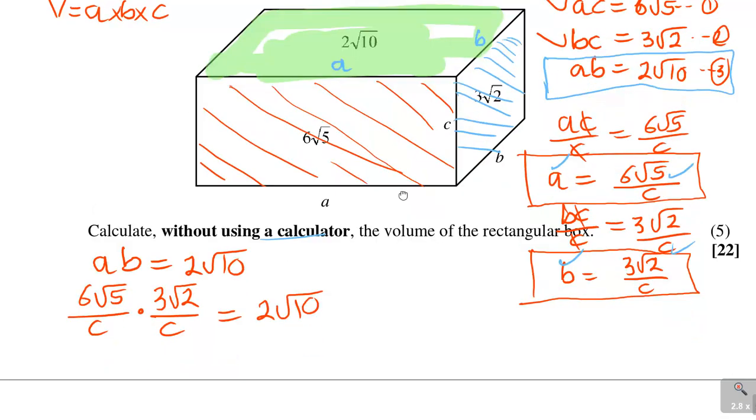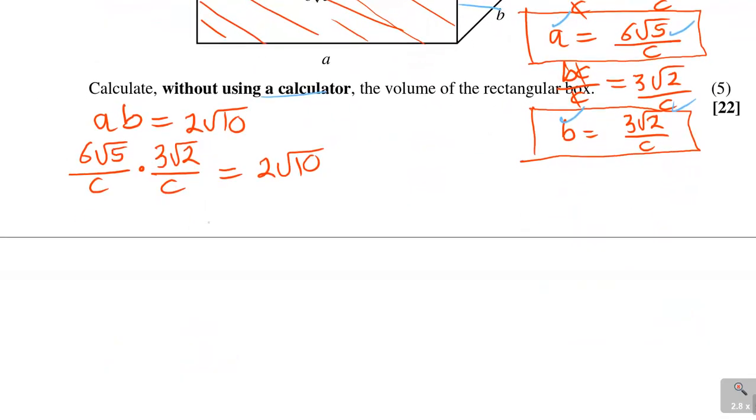Do you see now how this thing was kind of forming up? Now, how do I simplify that? Multiply the top together, which is 3 times 6, I'll get 18. 5 times 2, it will be root 10 over C squared is equal to 2 root 10.